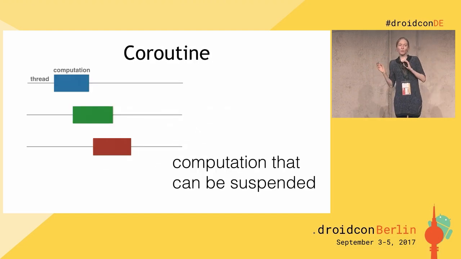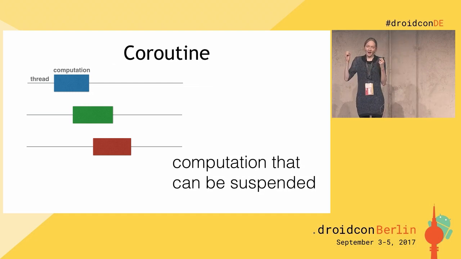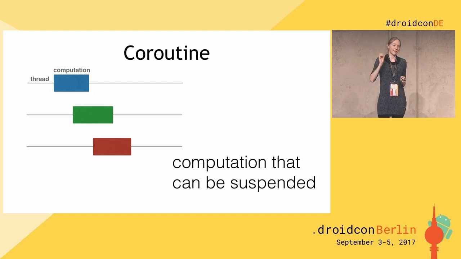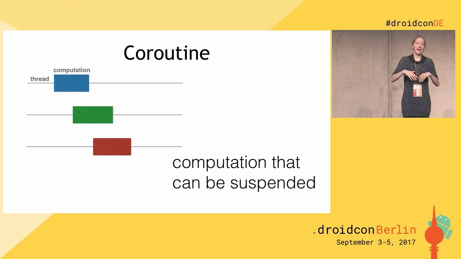Okay, so now we know that a coroutine is similar to a thread. We are going to discuss how they're different from a thread and how they interact with each other. A convenient way to think of a coroutine is as a computation that can be suspended.